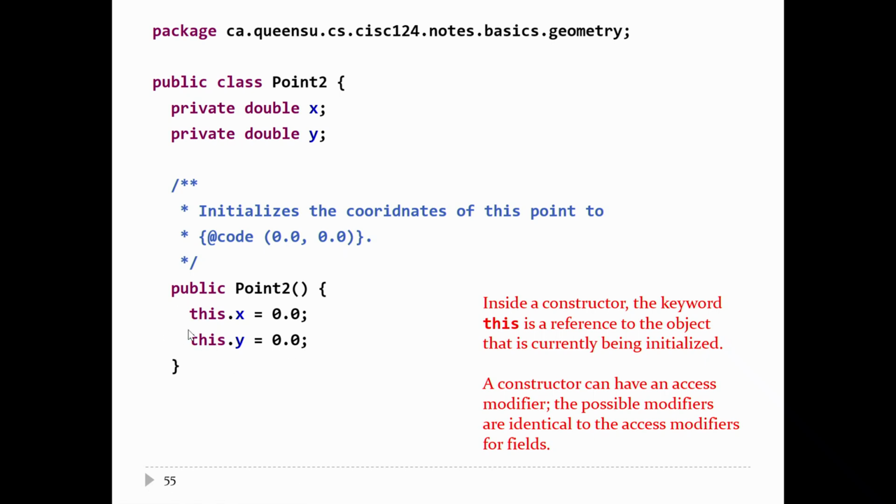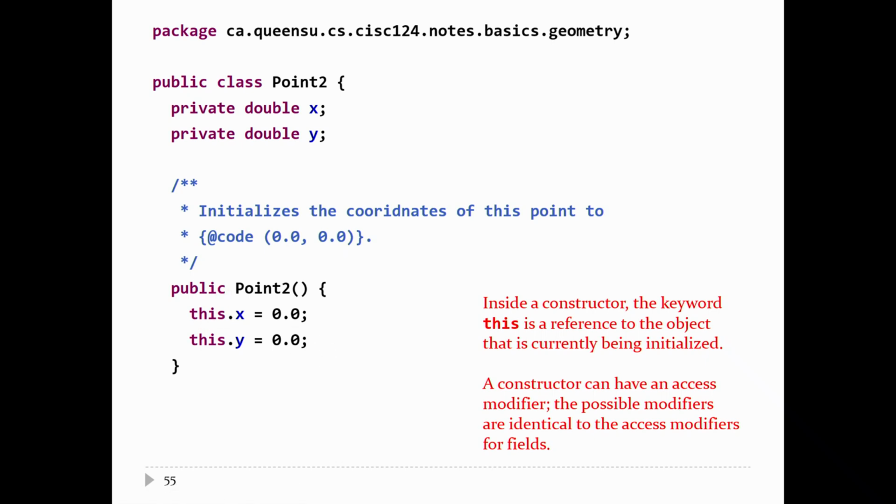Inside the constructor, the keyword this is a reference to the newly created object. That lets Java fill in the values of the correct object, because it has a reference to the thing that just got created. So it can find the object and fill in its x coordinate to 0, and fill in its y coordinate to 0.